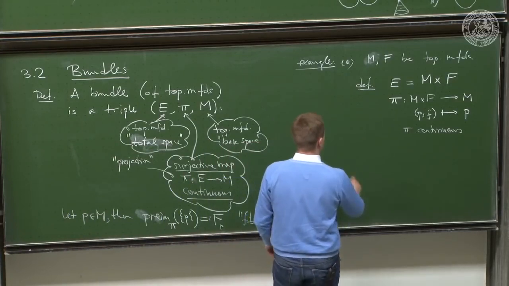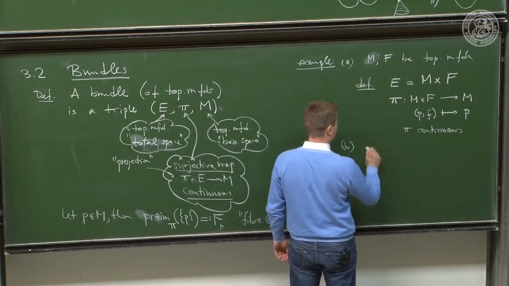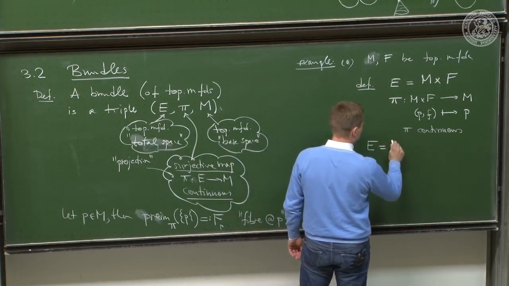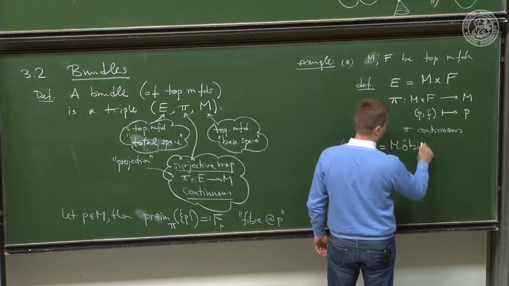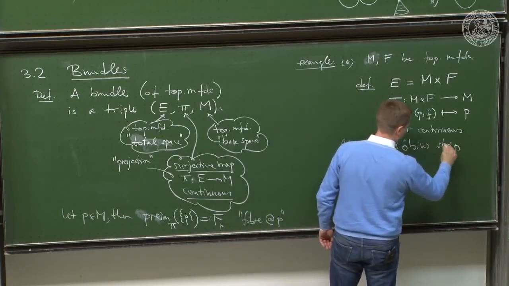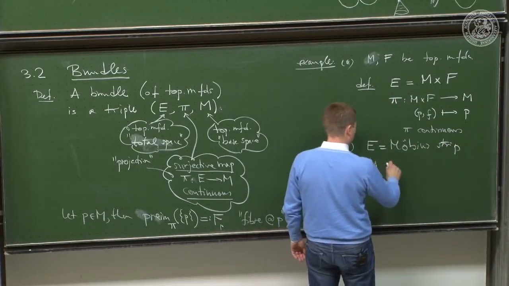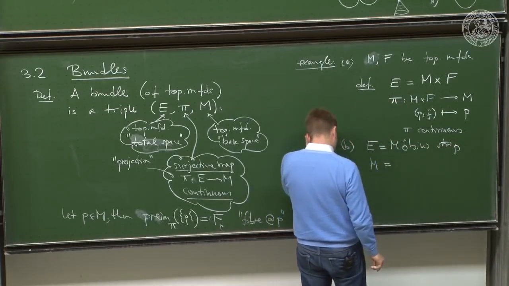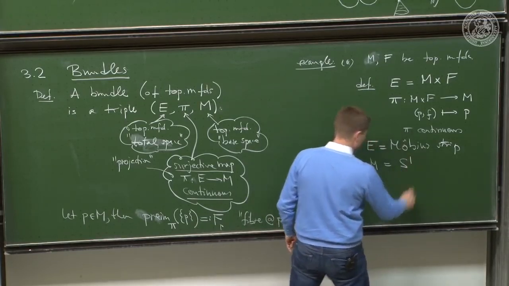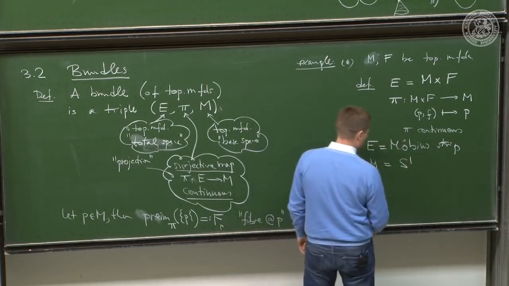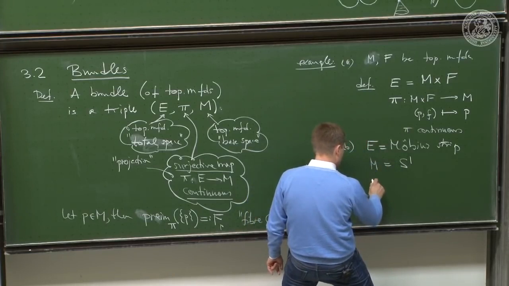Okay. But the Möbius strip we talked about previously: if E is the Möbius strip, and I have a base space M that is the circle, then I can construct a pi. So let me try to draw this.